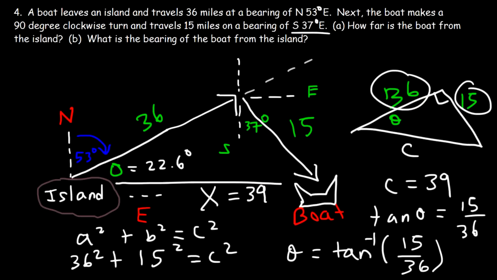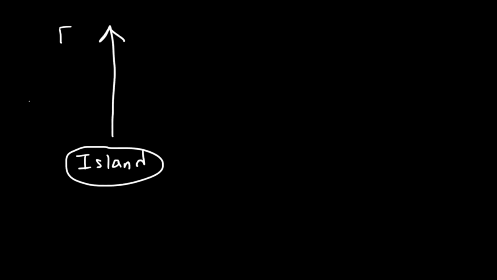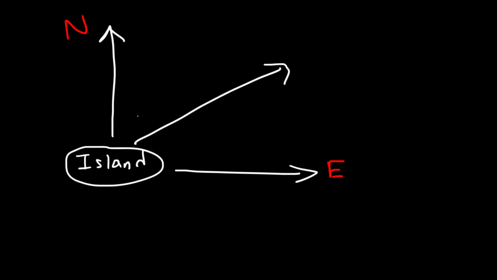So the bearing, let's say this is the island, and this is north, and this is east. So initially, the boat traveled at an angle of 53 degrees north to east.